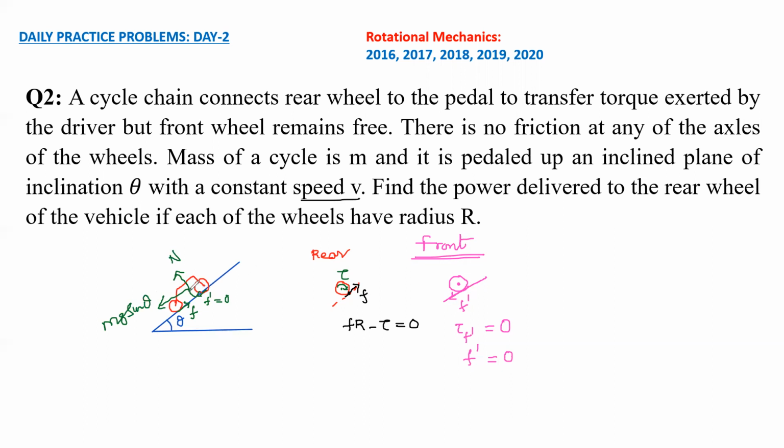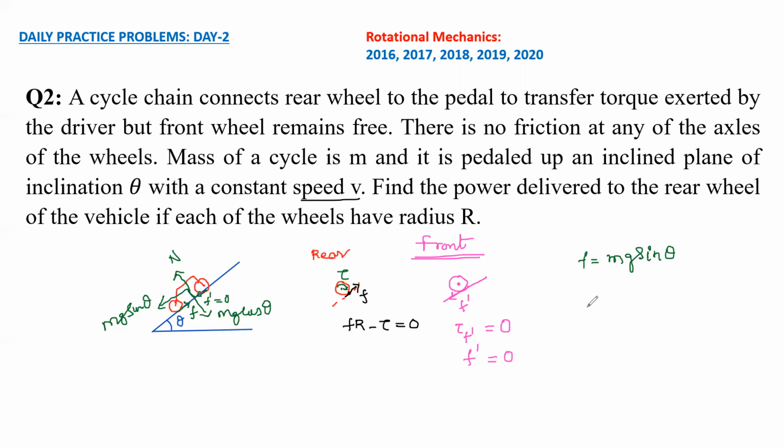I'm sorry. The net normal reaction on the cycle, let us say it is N, and mg cos theta. So clearly we realize that F is equal to mg sin theta, where F is friction acting on the rear wheel, that shall be equal to the component of gravity, so that the cycle does not accelerate.